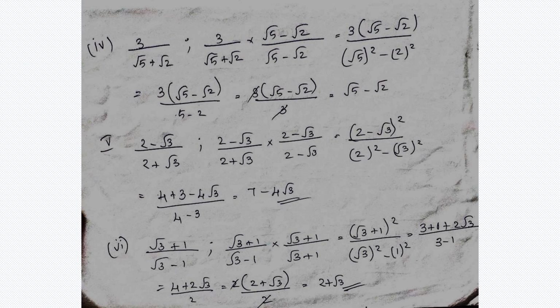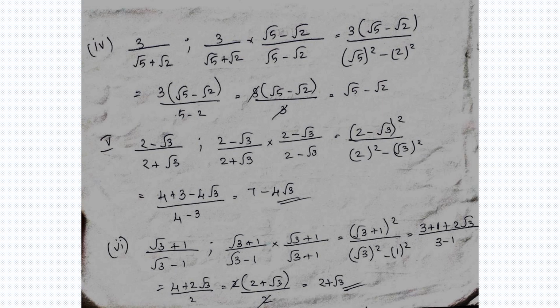Okay, fifth one, 2 minus root 3 by 2 plus root 3. In the same way we have to do. The rationalizing factor should be 2 minus root 3. Here by mistake I have written plus, it is minus, 2 minus root 3. So we'll get 2 minus root 3 the whole square.